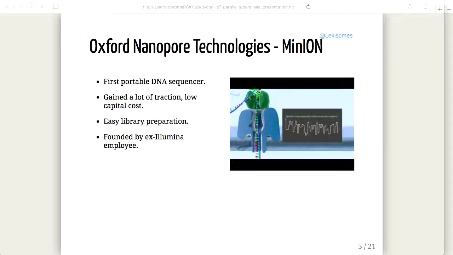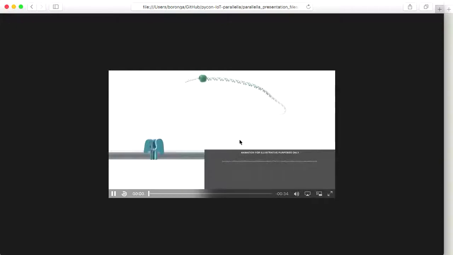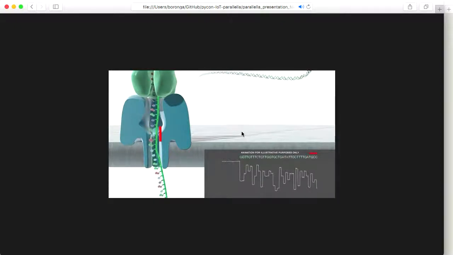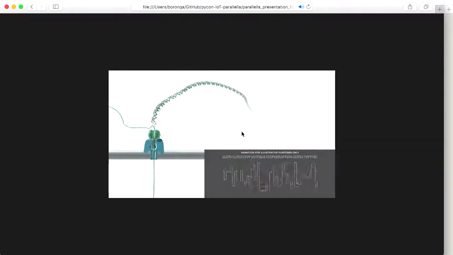So how does this work? At a very micro level here, unfortunately R doesn't like to embed videos too easily, so this is itself a link to another video. What we have is DNA, which is negatively charged, and a voltage, so it wants to go to the positive side, similar to the gel electrophoresis you might have done in high school.